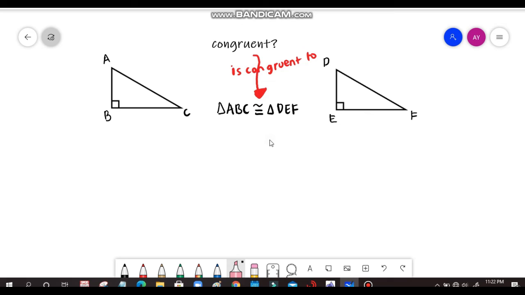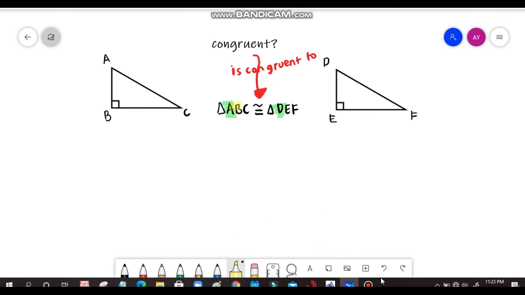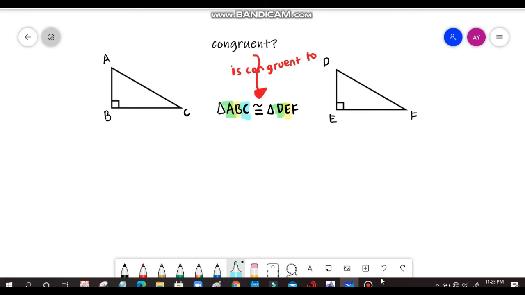Okay, I'll put some highlighter here. So the vertex A corresponds to the vertex D. And vertex B corresponds to the vertex E. And the last, C, corresponds to F. So this side AB corresponds with this side DE.